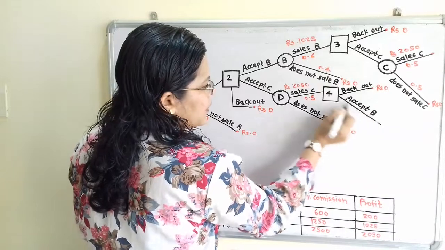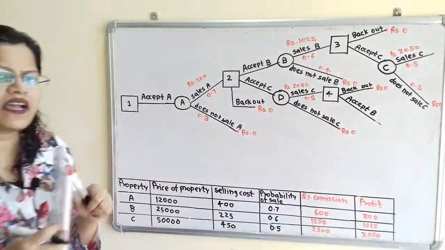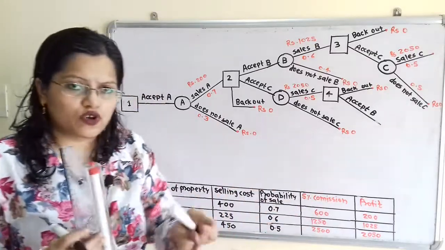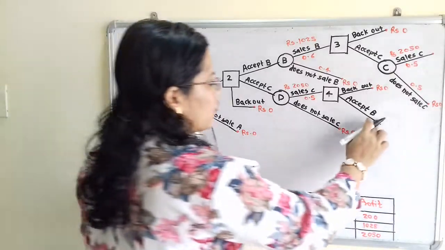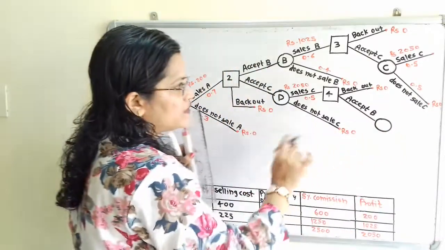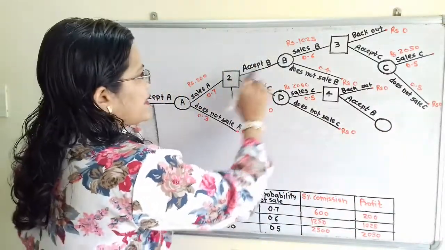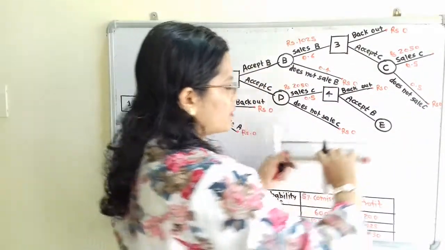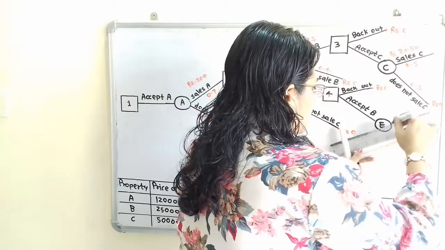Accept B. So when he accepts B, again there are two chances: property B will be sold by him or property B will not be sold by him. We will show these two chances with an event node. The next letter after A, B, C, D is E. For this I will show the two branches.